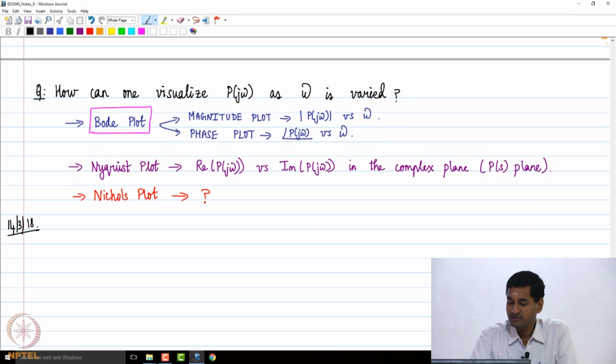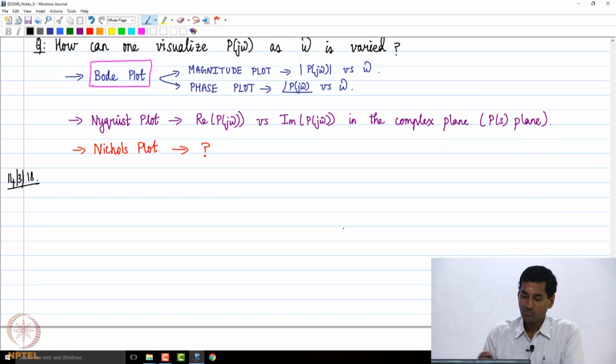There are multiple visualizations that are possible. The most commonly used one, which we are going to use, is called a Bode plot, and there is also a Nyquist plot and a Nichols plot.